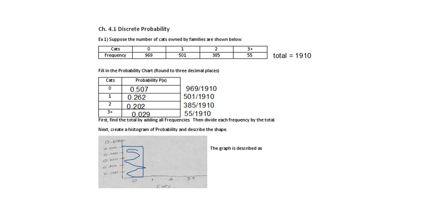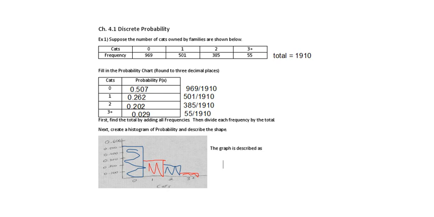Next is 0.262, which is about halfway between 200 and 300, so I'll draw a line like that. Then 0.202, that's pretty close to 200, so I'll just draw a line straight out like that. And then 0.029, that's barely off the ground, so I'll draw a line like this.